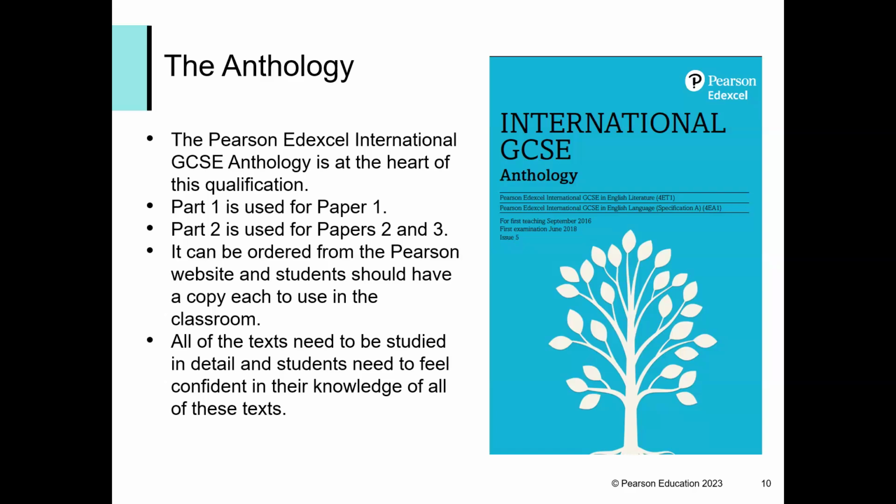So part 1 is used for paper 1, and part 2 is used for papers 2 and 3. Part 3 is used if you choose to do the IGCSE in English literature. They're ordered from the website. Students have a copy each for use in the classroom, and they need to be confident about all of those texts.